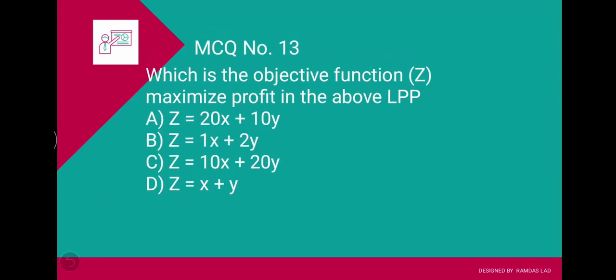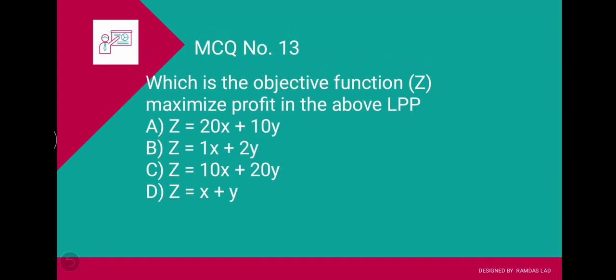Question number 13. Which is the objective function Z equal to maximize profit in the above LPP? So here Z is equal to 10x plus 20y. So option C is the correct option. Next one, question number 14.